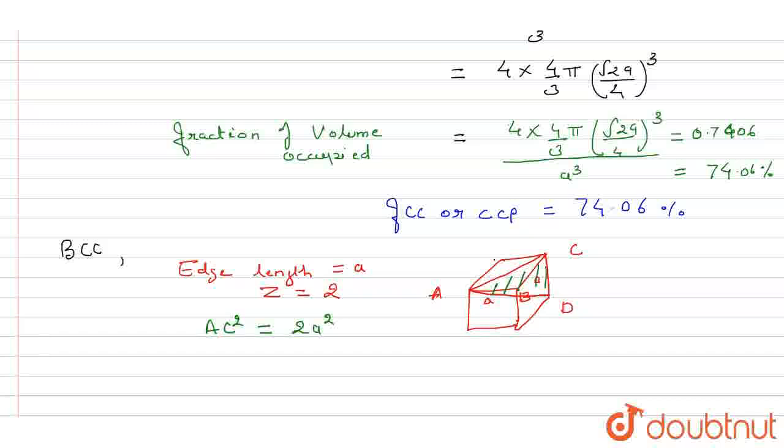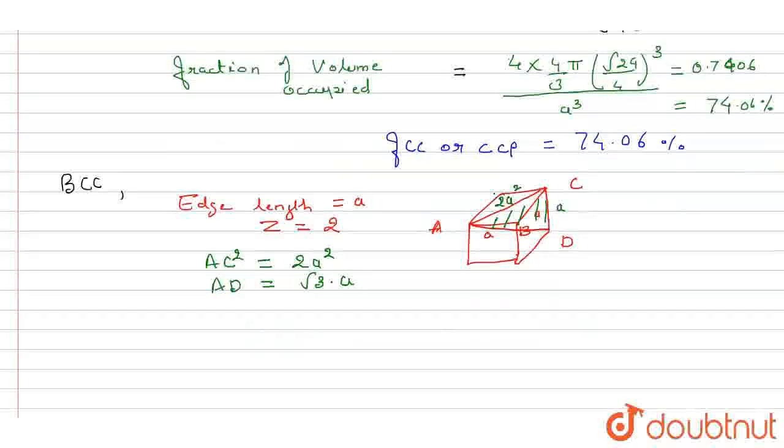Here also by doing the same process by Pythagoras theorem, we get the value for AD, that is equals to under root of 3 into A, because in this case we have AC square as 2A square, and CD is A. Now from this, as is evident from the figure, we can say that the value of AD is equals to 4R.